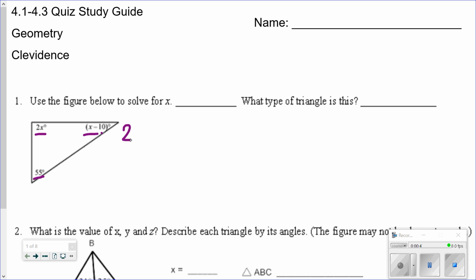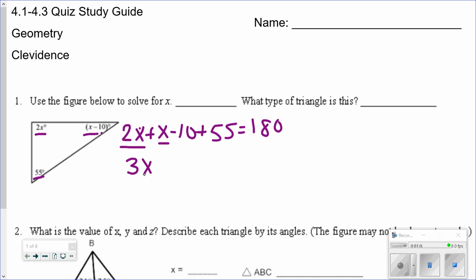So here we go. 2x plus x minus 10 plus 55 is equal to 180 degrees. Let's combine our like terms. So 2x plus 1x is 3x.